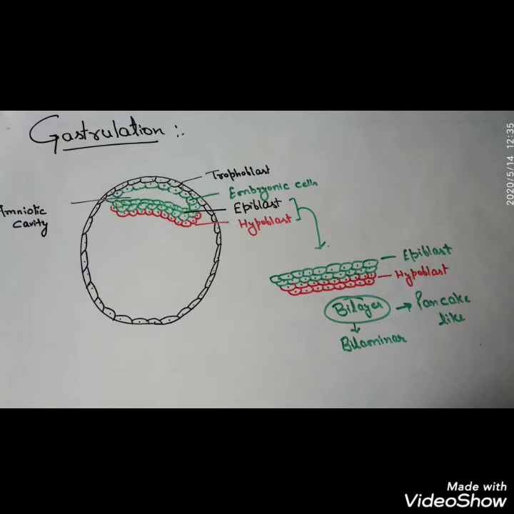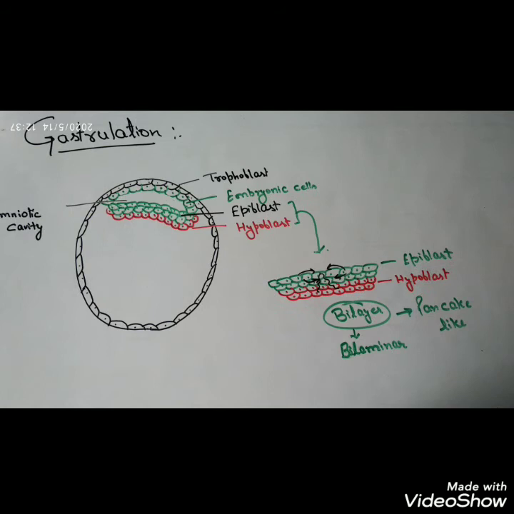Also, as these layers are stacking one upon the other, these layers are also called bilaminar. So, alternately, you can say these are bilayers, and due to their stacking one upon another, we call it bilaminar also.